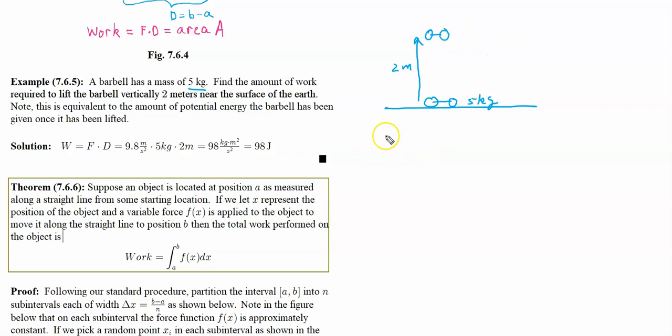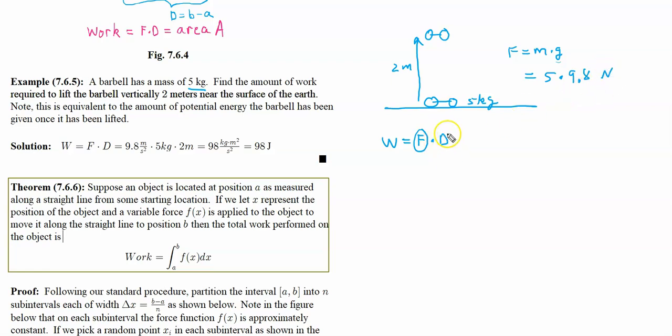Well, work equals force times distance. Now the amount of force it takes to lift this barbell, well, near the surface of the earth, force equals mass times acceleration. G is our gravitational acceleration near the surface of the earth. So the amount of force it takes to lift the barbell is going to be 5 times 9.8, or 9.81 if you want to be a little more precise. And that's going to have units of newtons.